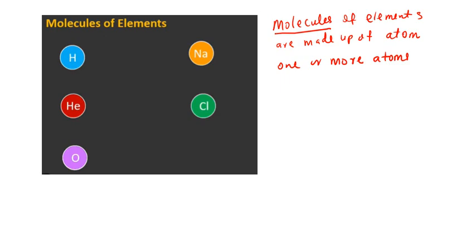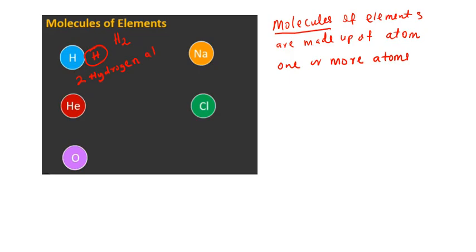So let's take an example here. This is a hydrogen atom. For this to be a molecule, we have to add another hydrogen atom here. So you see, we now have H2, which is two hydrogen atoms.